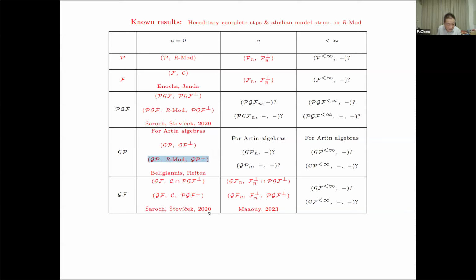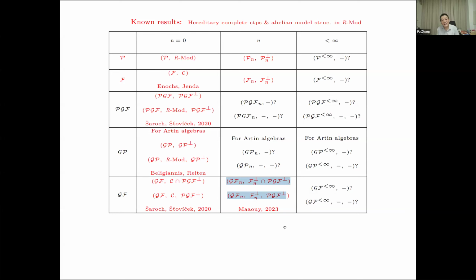Okay. Then for Gorenstein flat, they also have this model structure. Then also in 2023, they give this result.